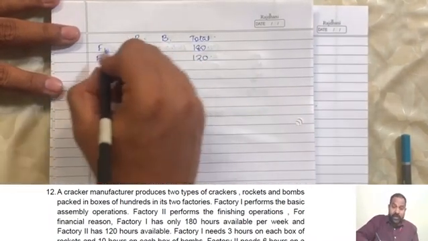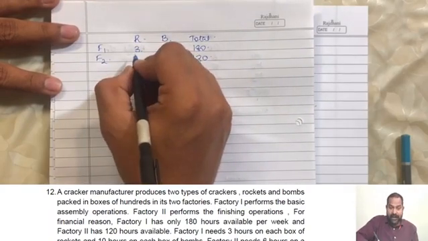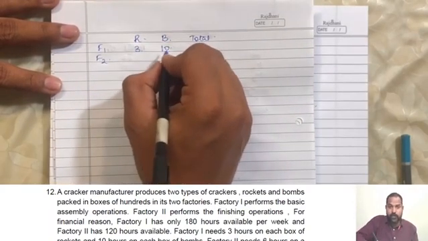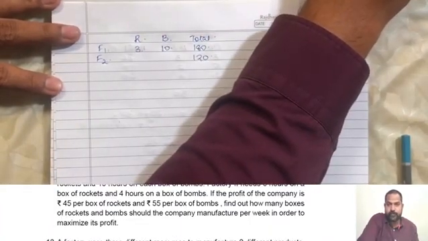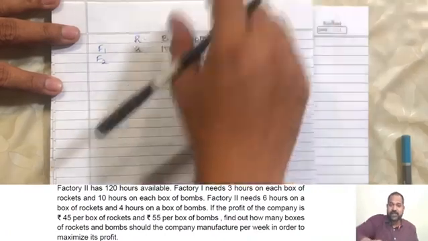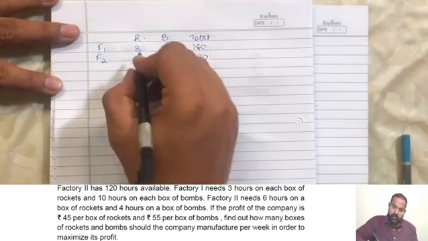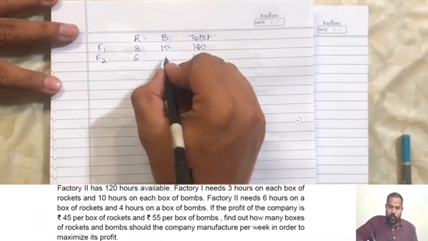Factory 1 needs 3 hours on a box of rockets and 10 hours on a box of bombs, while factory 2 needs 6 hours on a box of rockets and 4 hours on a box of bombs.